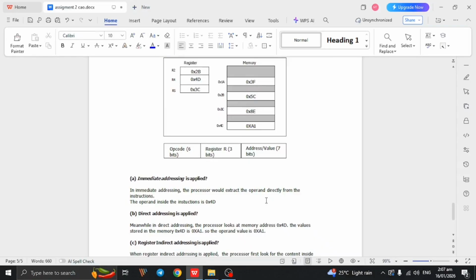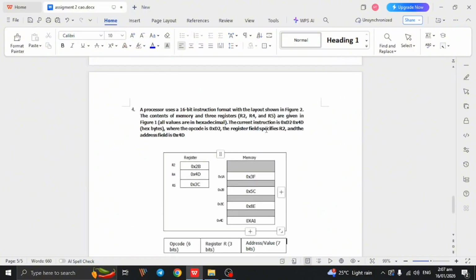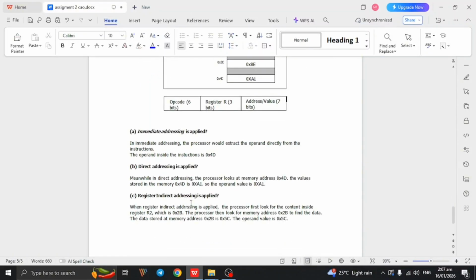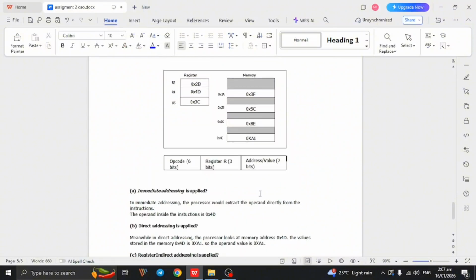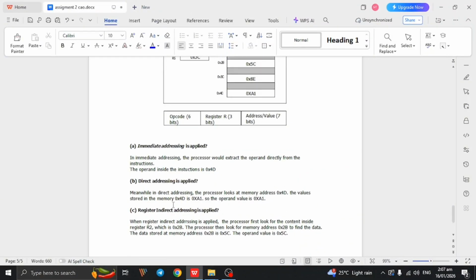Alright, for C, if register indirect addressing is applied, we can see that the specified register is R2. First, the processor will look for the content inside of R2. In R2 there is 0x2b.